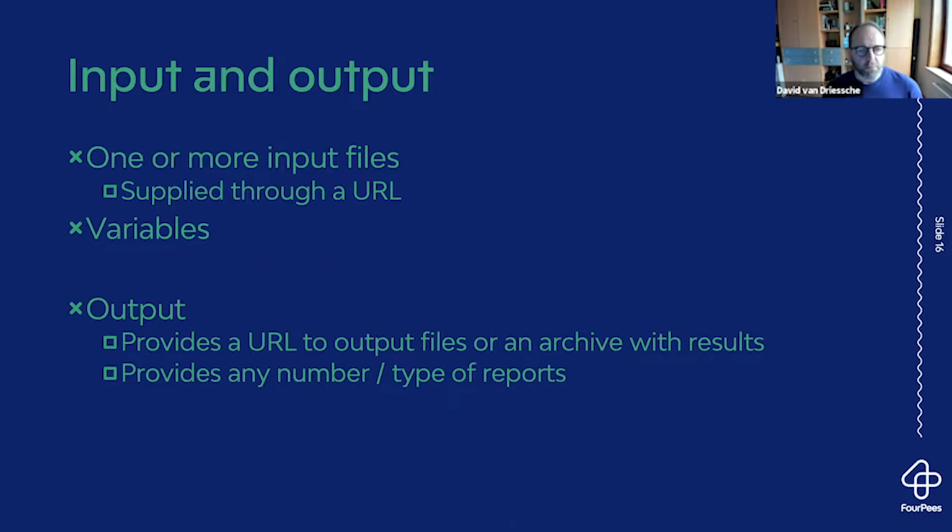And then input and output is pretty straightforward. You can specify one or multiple input files. Again, that is the same thing that the pdfToolbox CLI app itself supports. And we really modeled this on what the possibilities are there. So you could specify 5 URLs of PDF files.